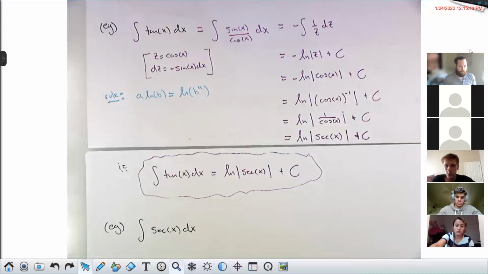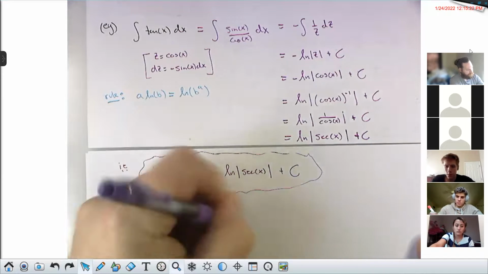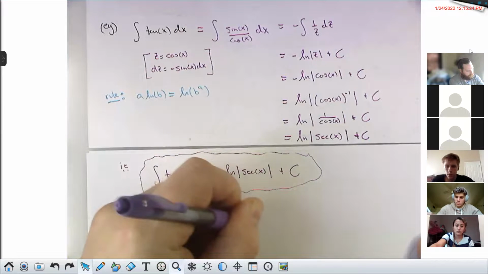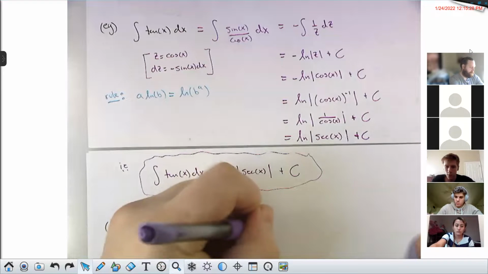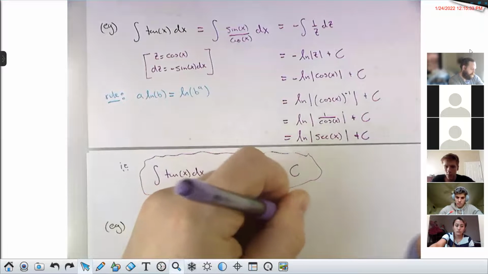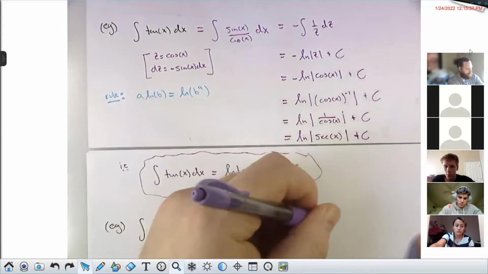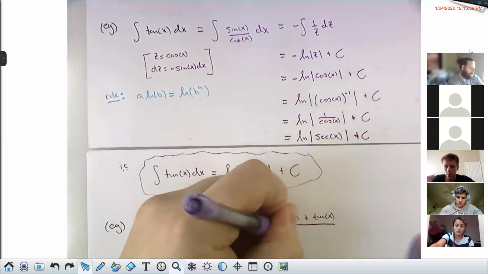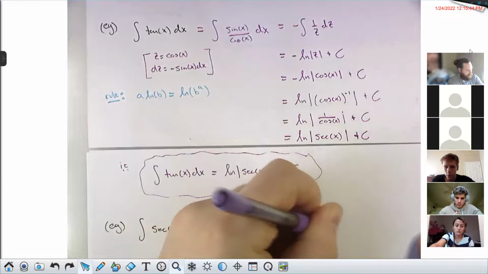I'm going to do that here, but instead I'm going to multiply inside my integral, so I still have the integral of secant x, by secant x plus tangent x over secant x plus tangent x.